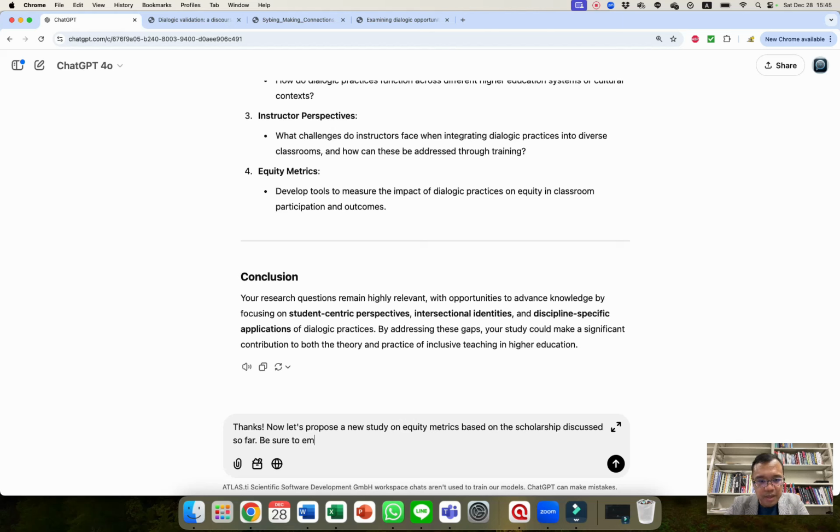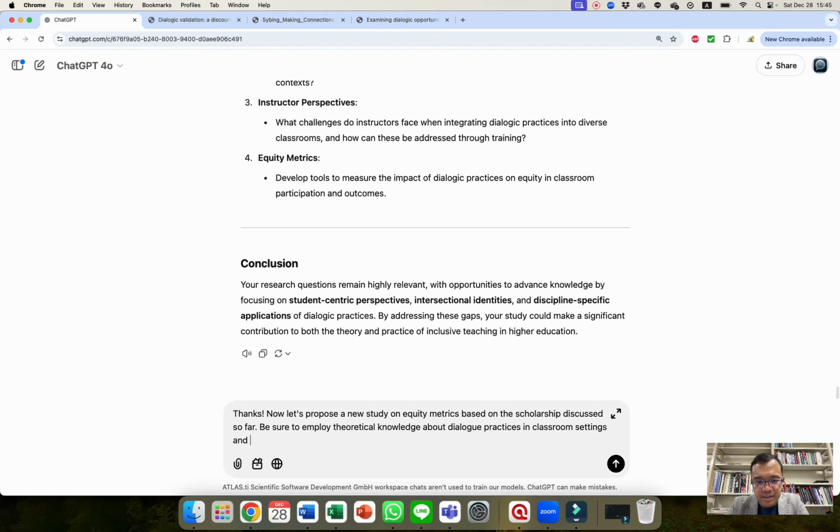Be sure to employ theoretical knowledge about dialogic practices in classroom settings, and devise a study that is feasible for doctoral students to complete within a year.